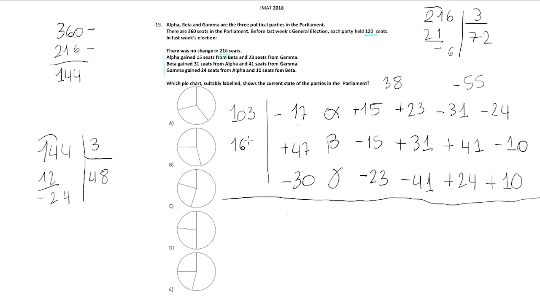And lastly, we can calculate how many seats gamma has. So minus 30. We get 18. So 72 plus 18, we get a total of 90. So at this point we have extrapolated every piece of information to actually respond to this question.